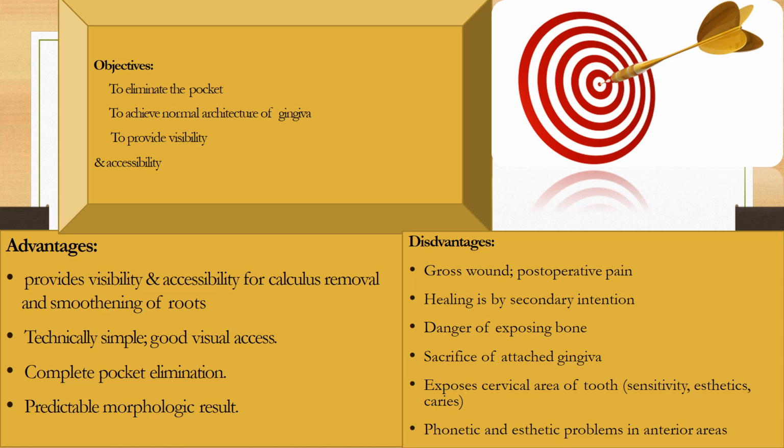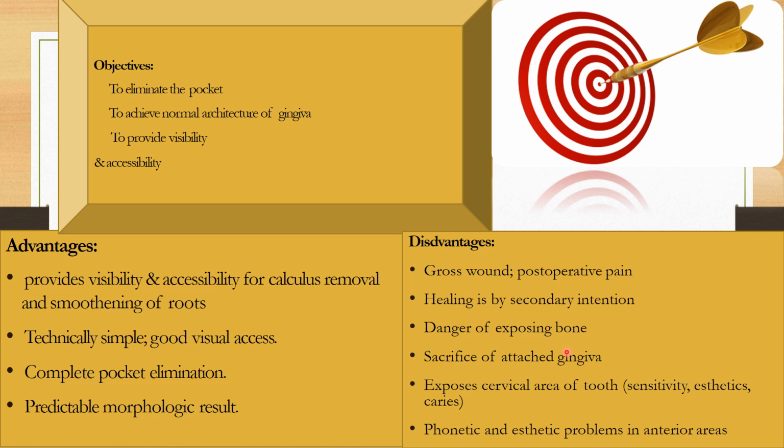So what are the disadvantages? Obviously, healing will be by secondary intention, and this will be a gross wound, so it can sometimes lead to postoperative pain. There is a danger of exposing bone in the case of thickened marginal bone. Also, by excision of the pocket wall, there will be decreased attached gingiva.